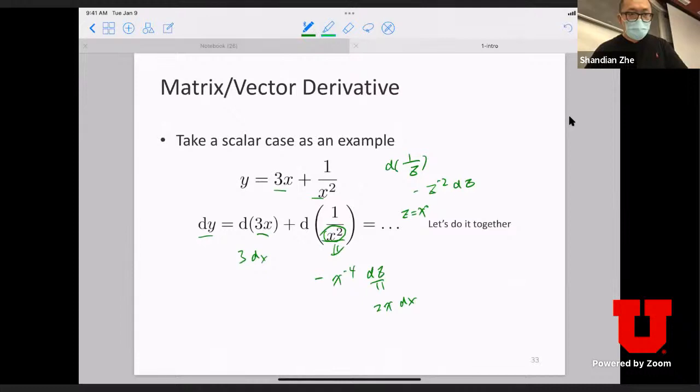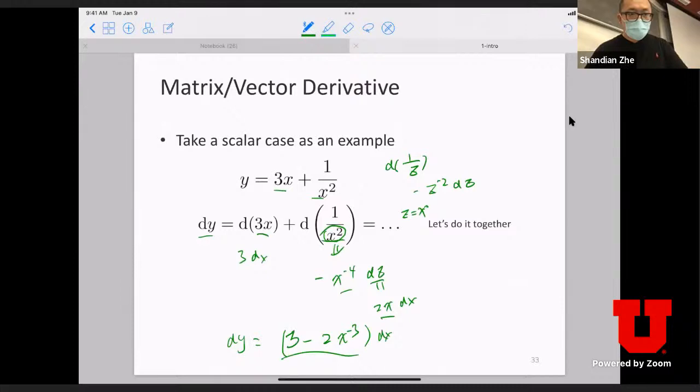Now you just multiply this and merge all the terms. You get your final derivative, which is 2x minus 3 times dx. Equals this. So now you've got your gradient.